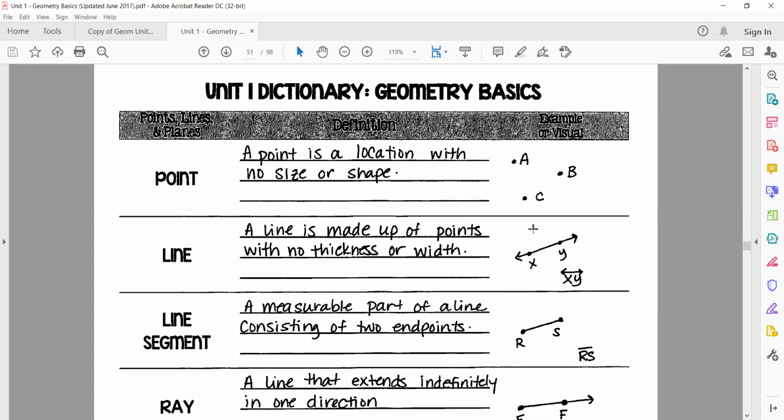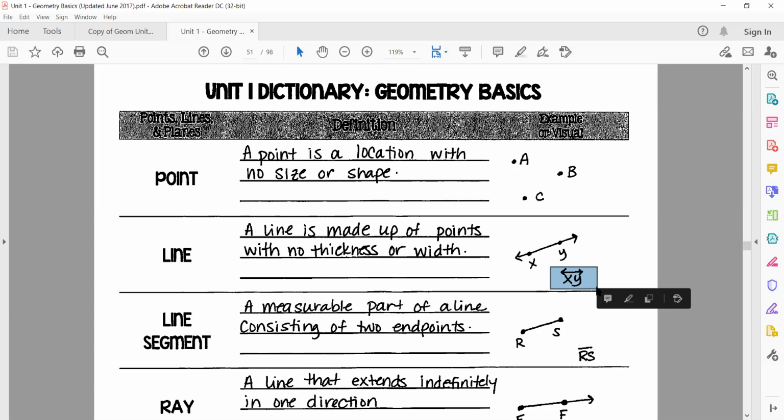When you look at the next one here for line, well, that's line XY, and the graphic representation is that XY together with a line over the top of it that has arrowheads on both ends. Line is one of these things that goes on forever in both directions.